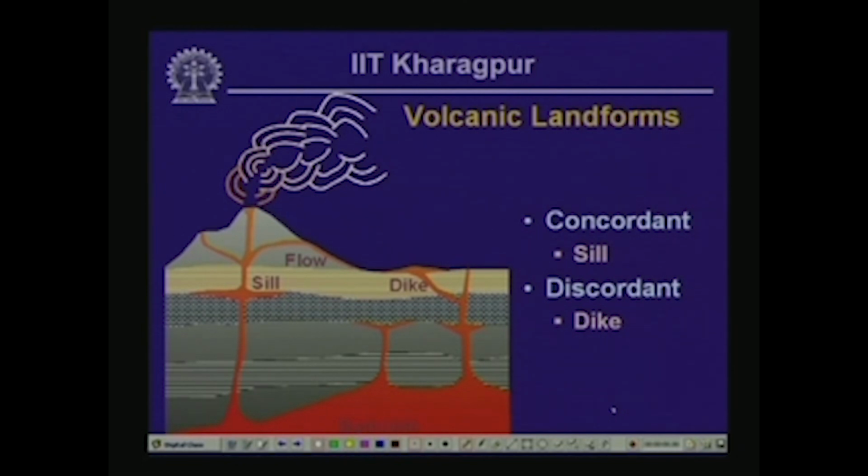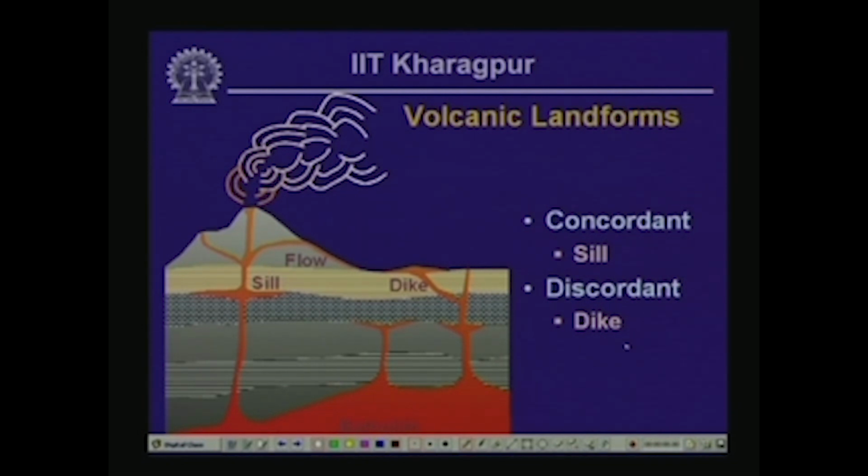An example of a concordant volcanic landform is a sill, and the example of a discordant volcanic landform is a dike. It is pretty obvious from the cartoon shown here.